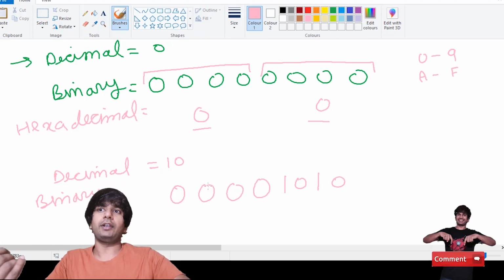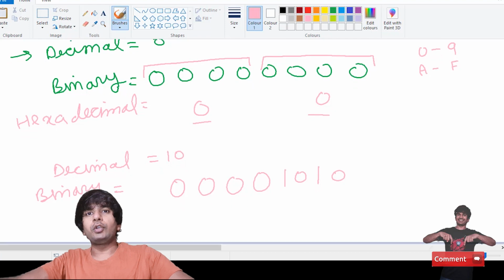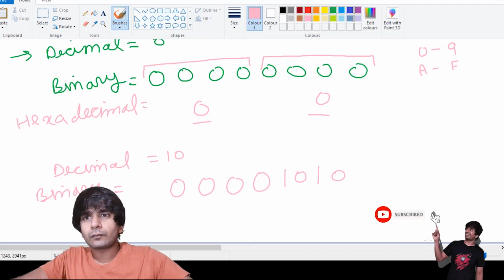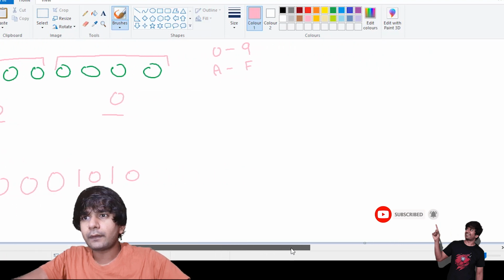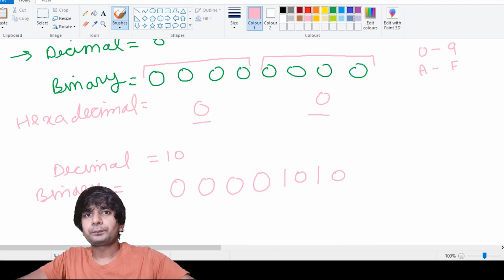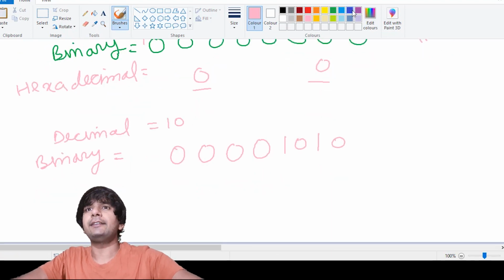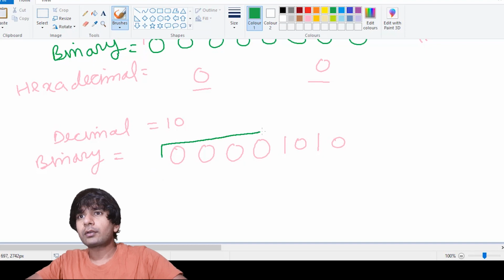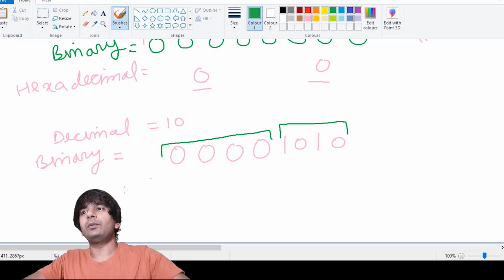Now what you need to do is divide these bits into 2 pairs, the first 4 bits and the remaining 4 bits, right? Now just convert these into hexadecimal.